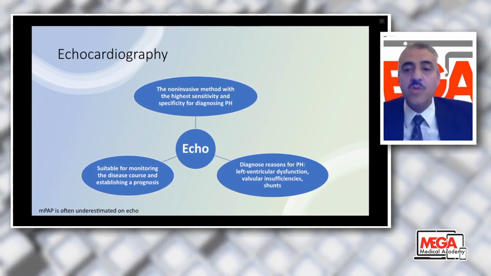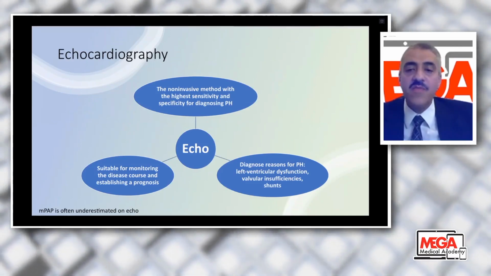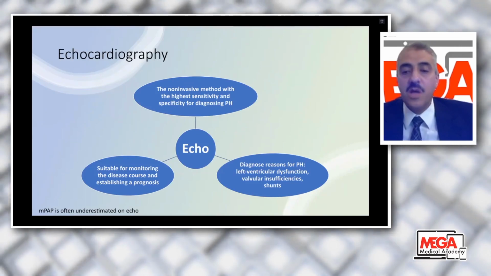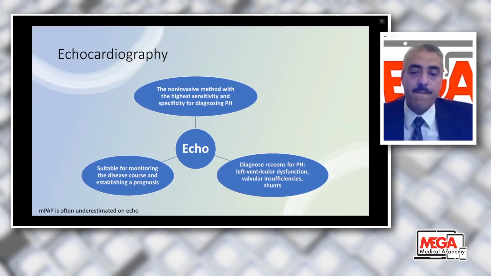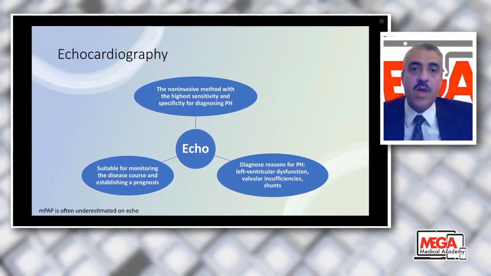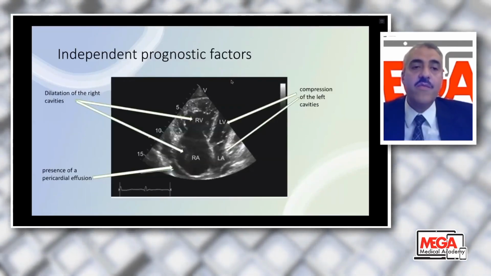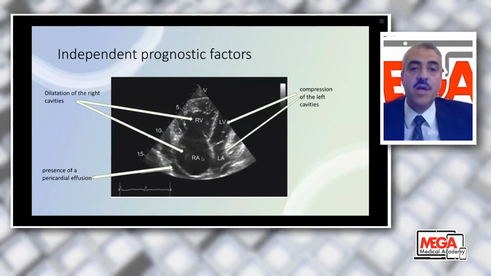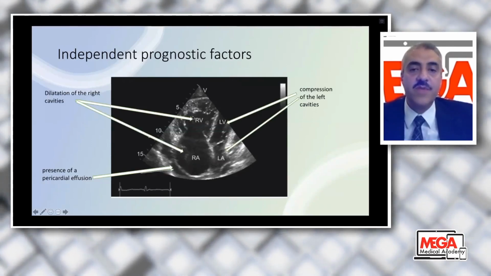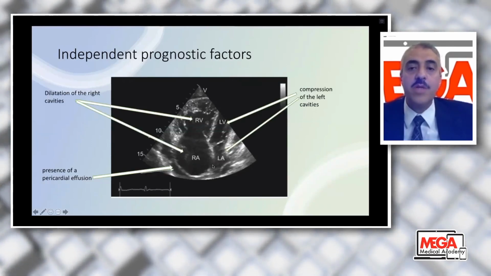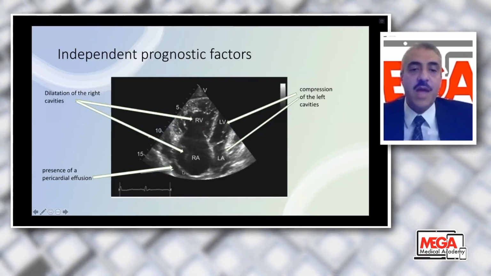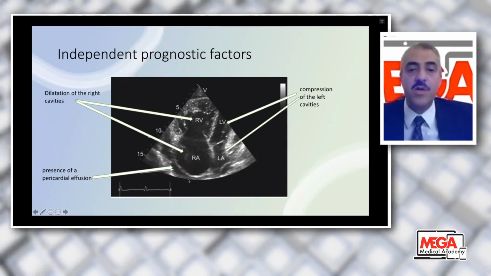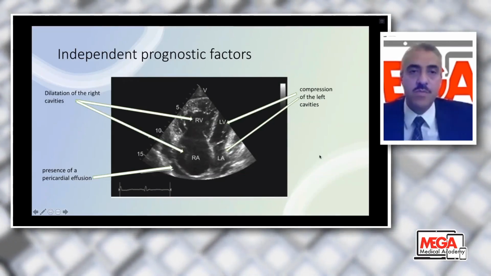Echo can also diagnose reasons for pulmonary hypertension like left ventricular dysfunction, valvular insufficiencies, and shunts. Echo findings are dilation of the right cavities, right atrium and right ventricle, compression of the left cavities, left ventricle and left atrium, and the presence of pericardial effusion.